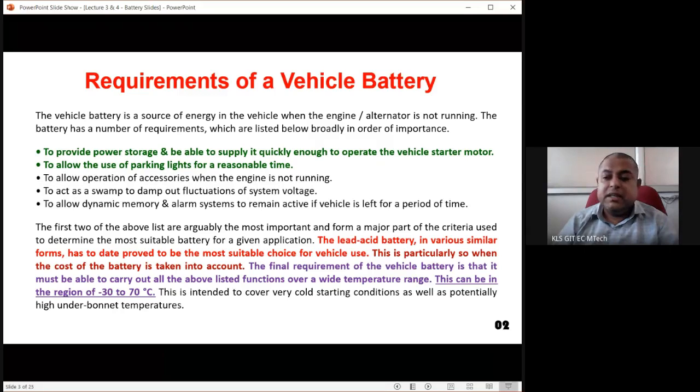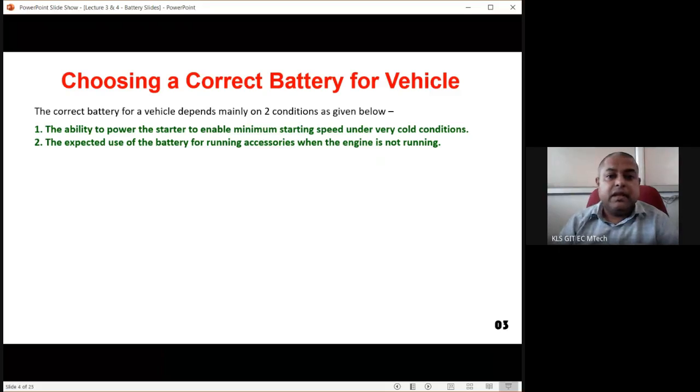That time also the car should start very properly. That means these are the two ends, minus 30 degrees centigrade to plus 70 degrees centigrade. These are the two extreme ends. In this also the car should start very properly, and the battery has to support the starting of the car at that time.